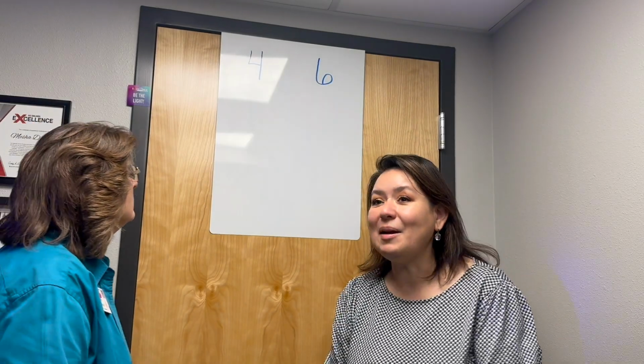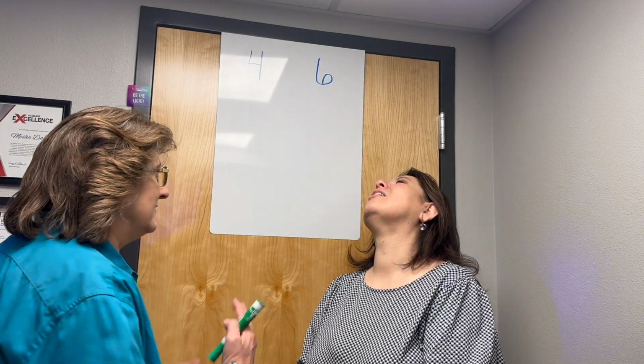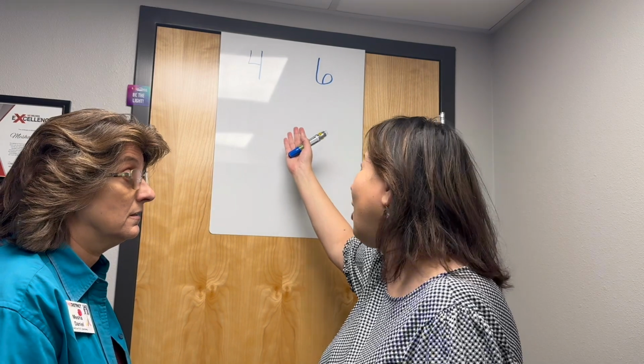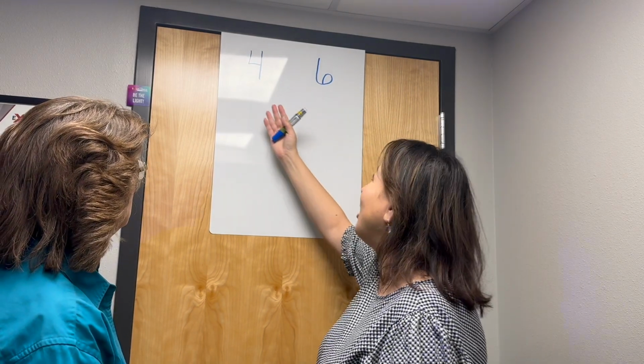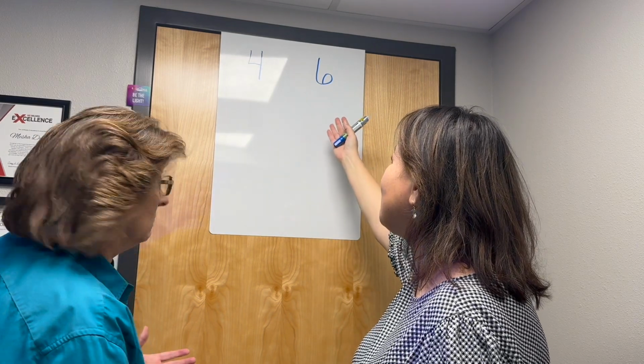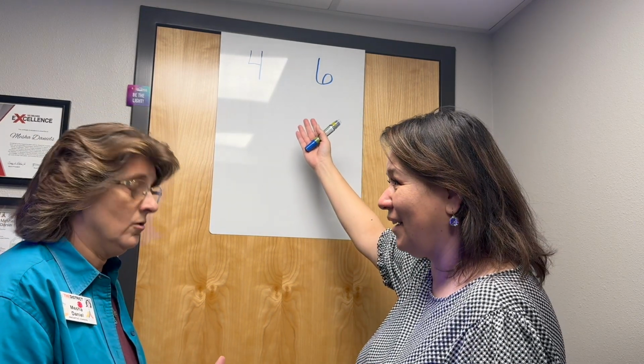So, hey, Misha. Hey. Oh, I'm really worried because I've got a problem. I'm supposed to use these two numbers to multiply. Okay.